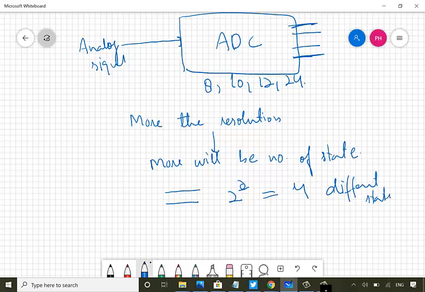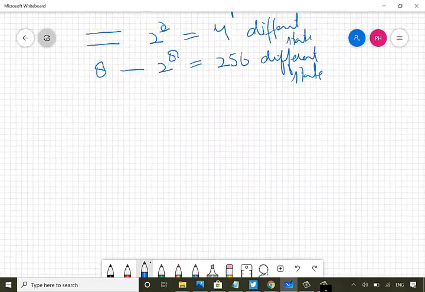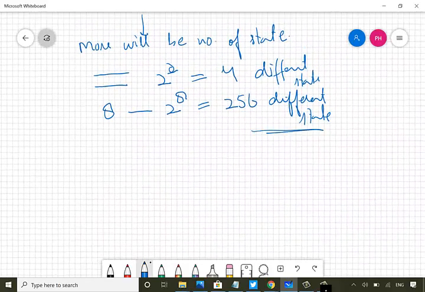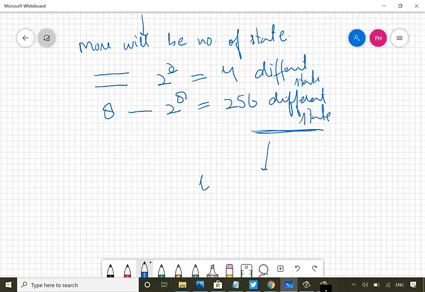And if we are having an 8-bit resolution ADC, then the number of different states will be 2 raised power 8, equal to 256 different states. And more the number of different states, less will be the step size.